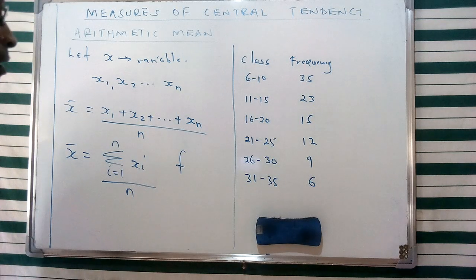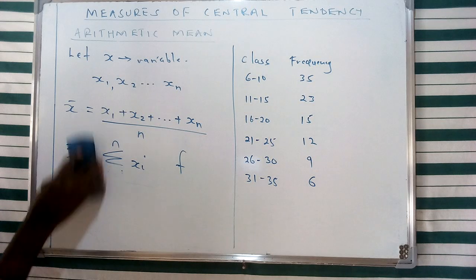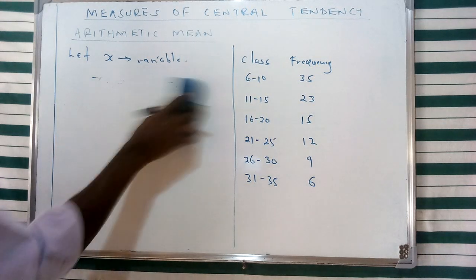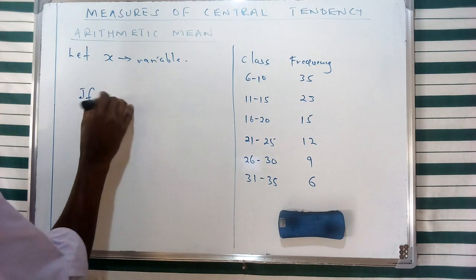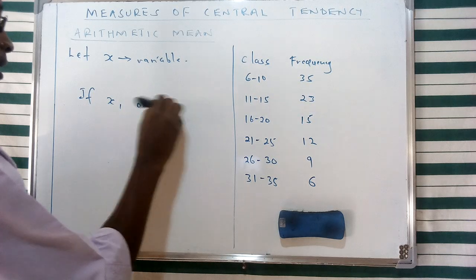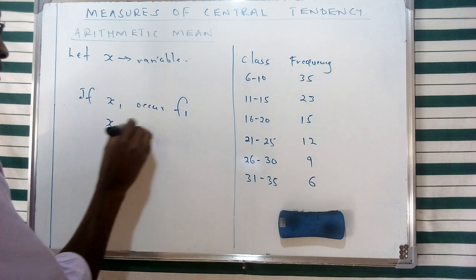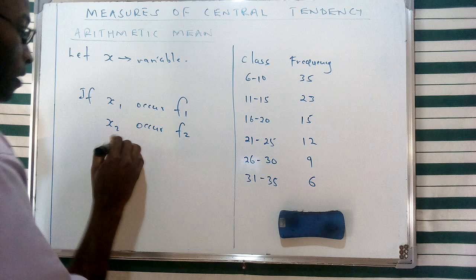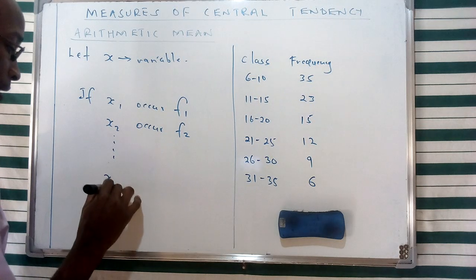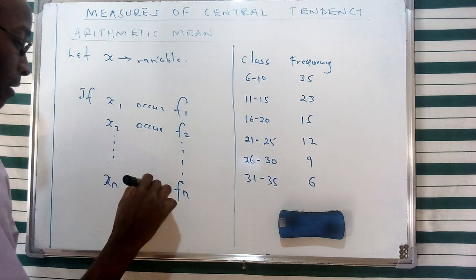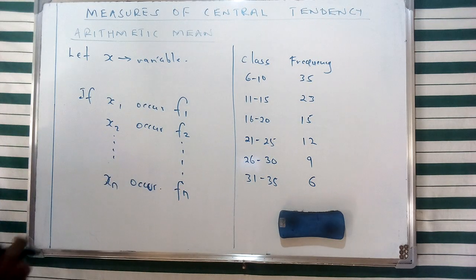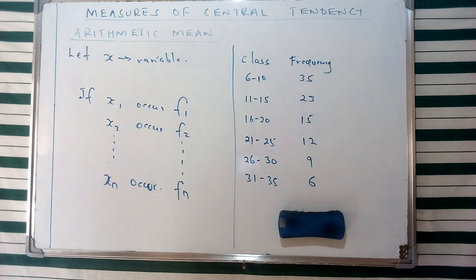And therefore, we said that we can attach the concept of a frequency for various items x1, x2 by generally representing them: if we have x1 occurring f1 times and x2 occurring f2 times, we can have this general representation to the last item, xn occurring fn times. Therefore, we use a general formula to represent this specific set of items considering the concept of a frequency.